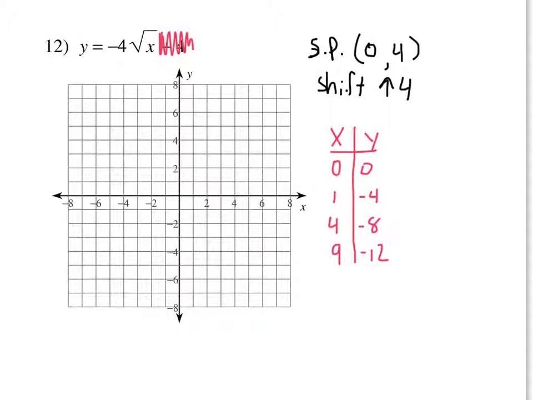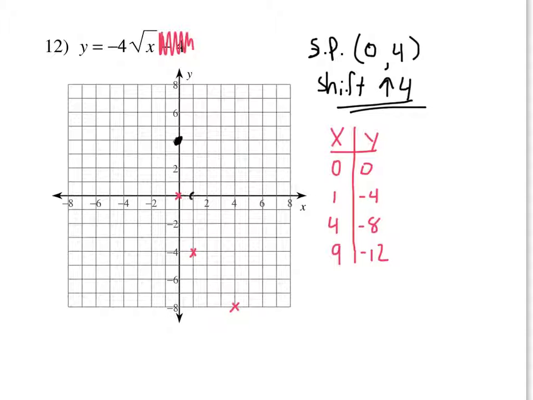All right, well, we want to plot those points. So we have 0, 0, 1, negative 4, 4, negative 8, and then 9, negative 12 is way off our graph, so we don't need to worry about it. But what we can do now is shift each one of those points up 4.